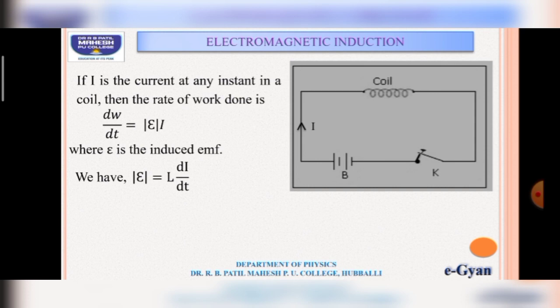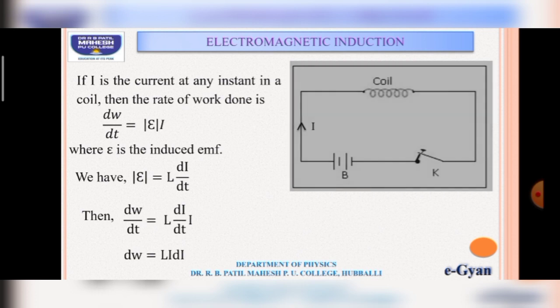Putting the value of E in the above equation, we get dW by dt equal to L into dI by dt into I. On both the left hand side and right hand side we have dt, and these two dt's get cancelled. Further, we get dW equal to L into I into dI. This is the small work done in generating a small amount of current.